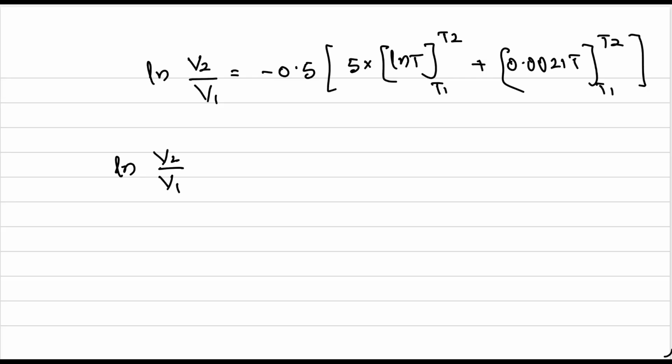Ln V2 by V1 is equal to minus 0.5 into 5 into ln, what is the T1 value?